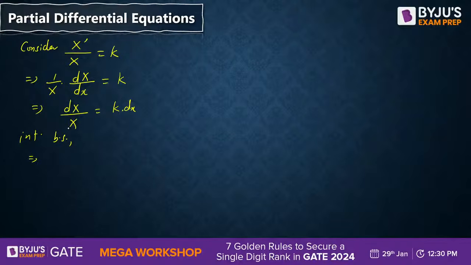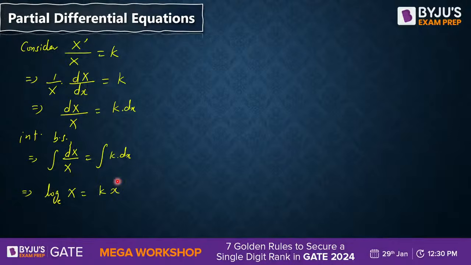So integration of dX by X, integration of k dx. Now students see here, integration of 1 by X, log of capital X, k constant, integration of 1 will be small x plus some constant. So intentionally we are adding a constant log c1.